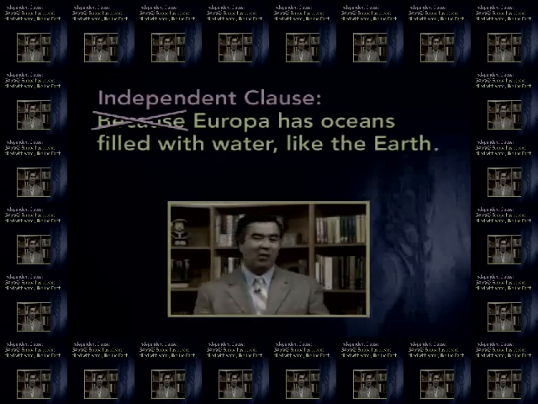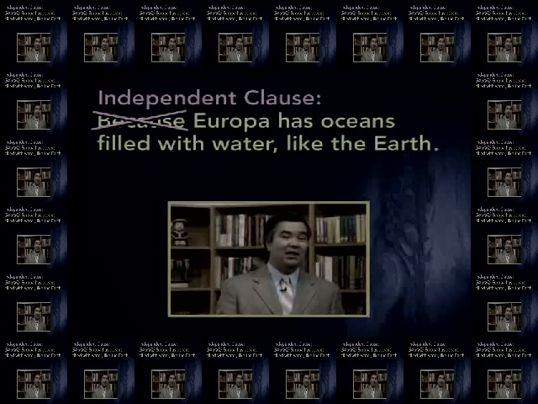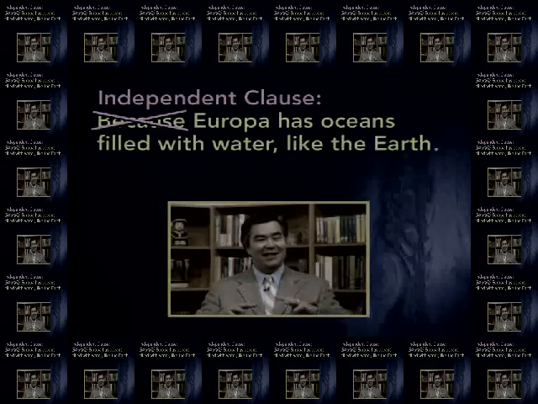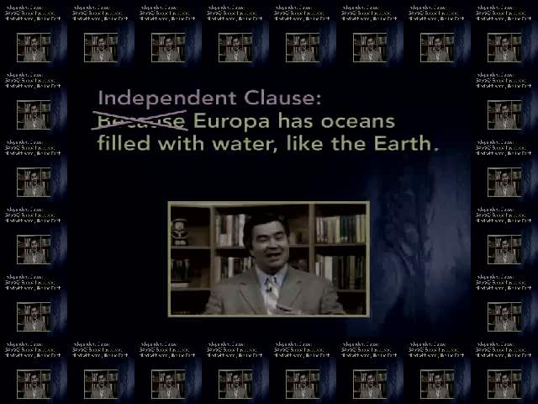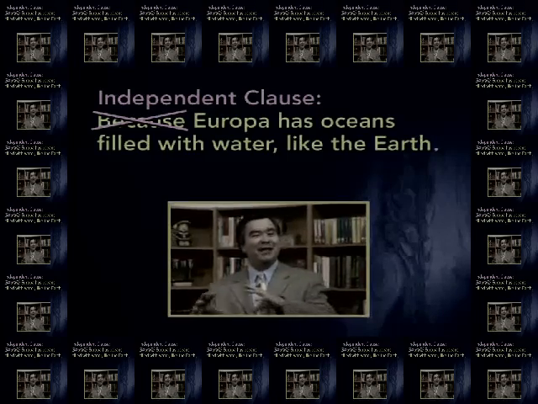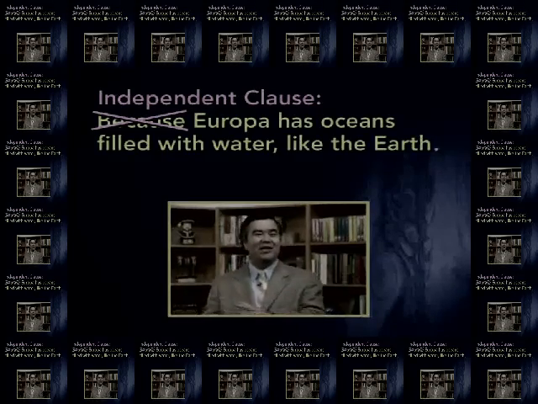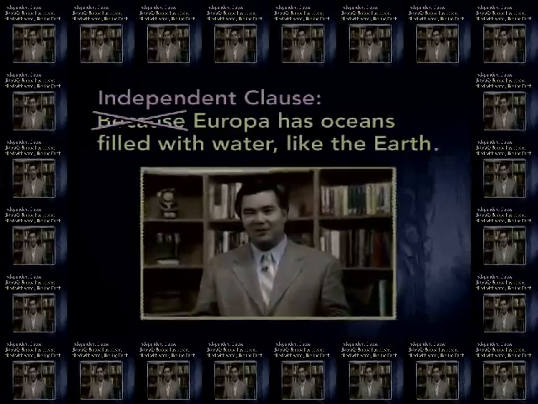But when you put the subordinating conjunction "because" in front of it, it makes the clause less important. It makes it feel as though it needs to be attached to something else in order to express a complete thought. So this is the second type of clause. An independent clause can stand alone as a sentence. A subordinate clause cannot. And a subordinate clause usually begins with a subordinating conjunction.